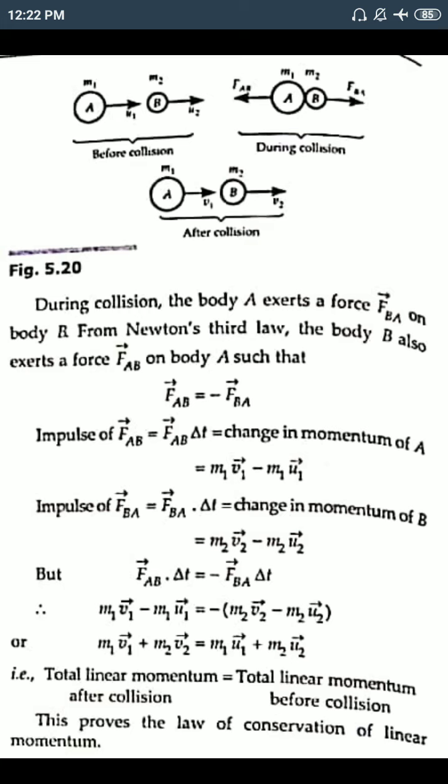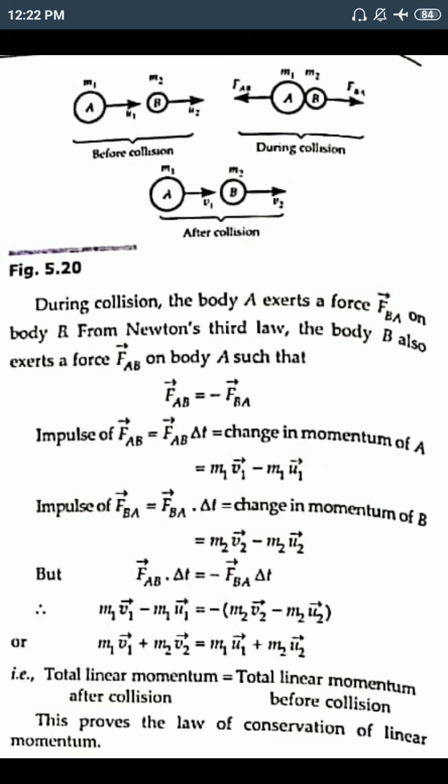Now if we apply the concept of impulse to FAB, since the collision takes a very short time delta t, there will be a finite change in their momentum, and they acquire velocities v1 and v2. So the impulse of FAB equals FAB into delta t, because impulse equals force into time duration, which equals the total change in momentum of A, that is m1 v1 minus m1 u1.